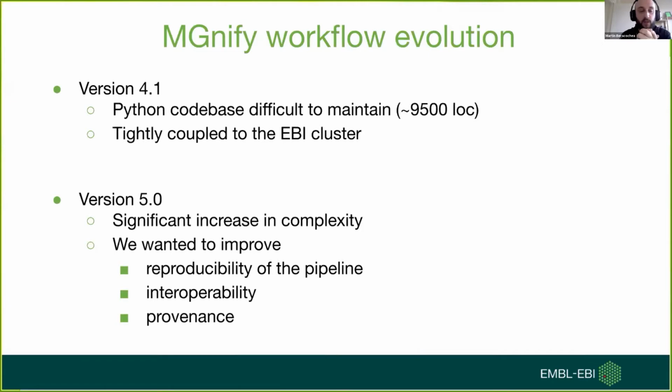And over the year, we decided to drop our code base for version 4.1. The code base for version 4.1 was basically a Python code base that was extremely difficult to maintain, an extent of nearly 10,000 lines of Python code that was really tightly coupled to our own cluster infrastructure.